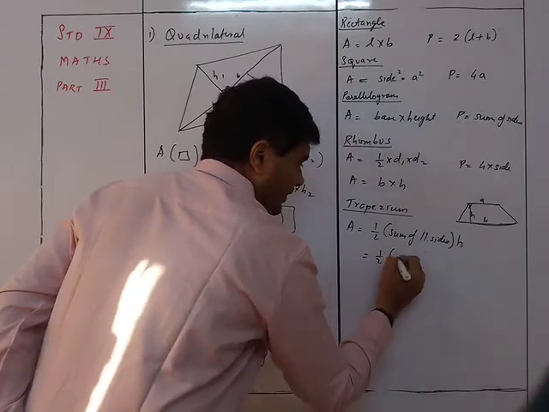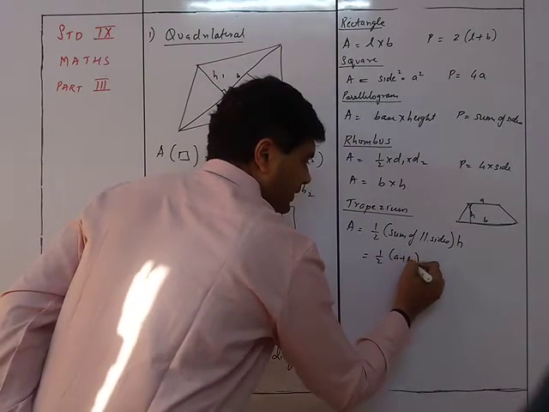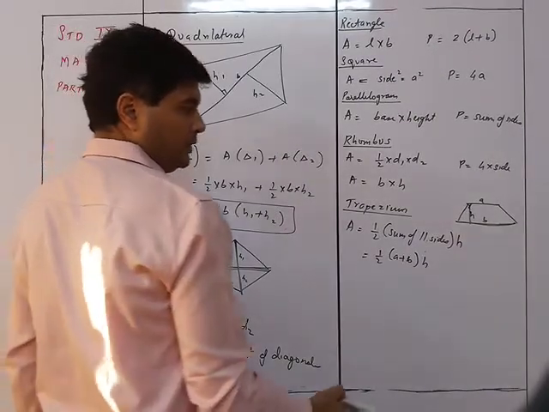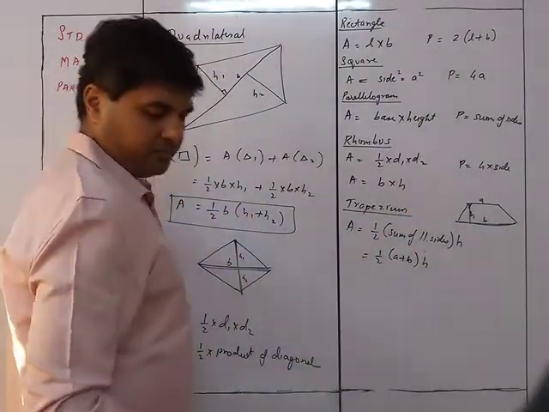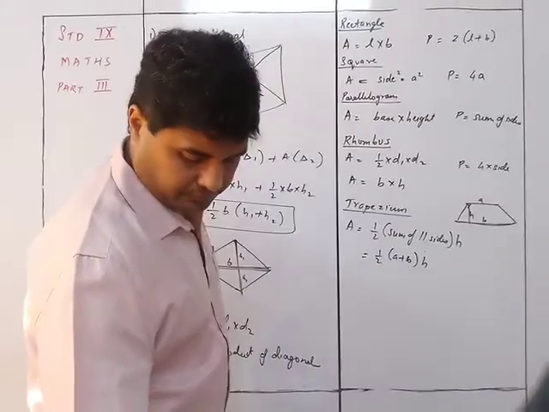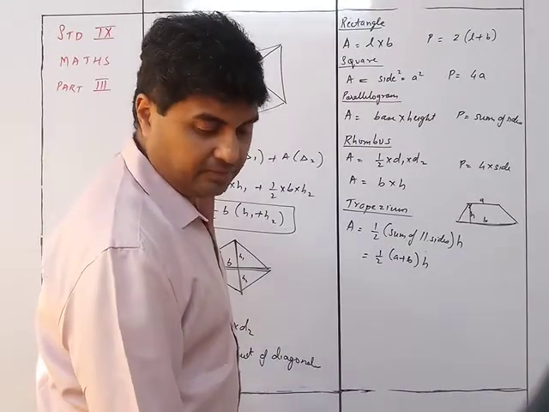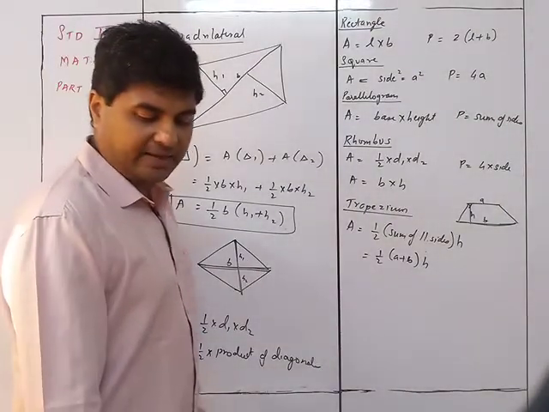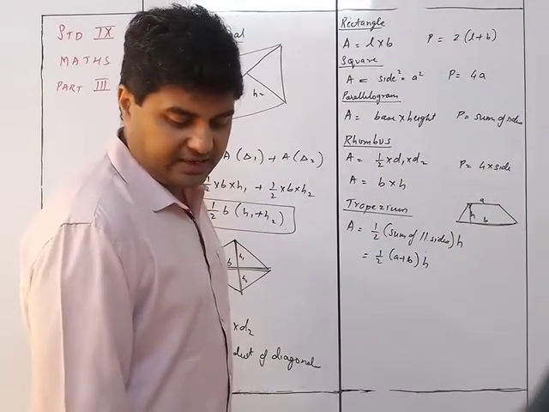So it will be half into (A plus B) into H. Okay, this is as per the diagram. Perimeter will be the sum of four sides. These are the different formulas which we are having in the exercise number 16.2.